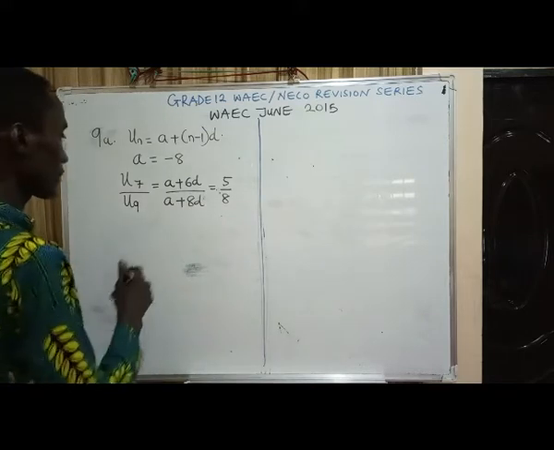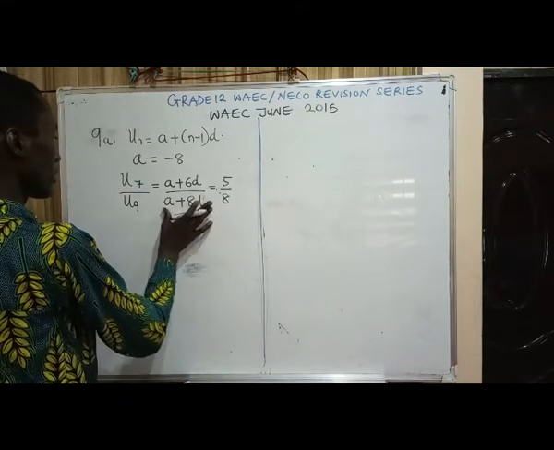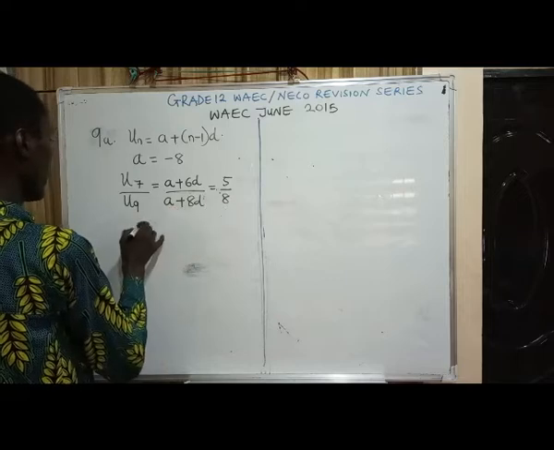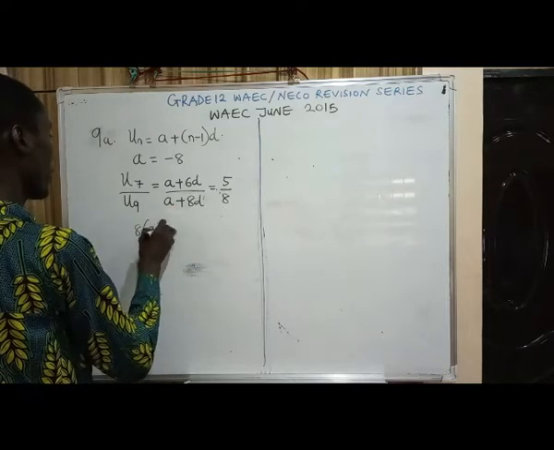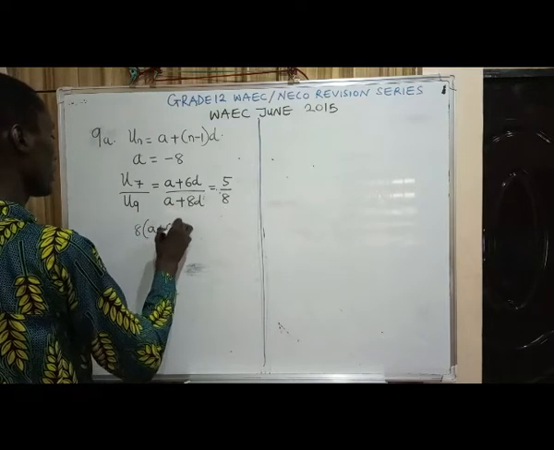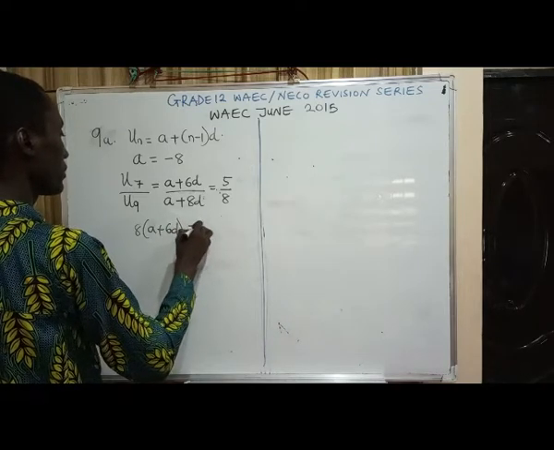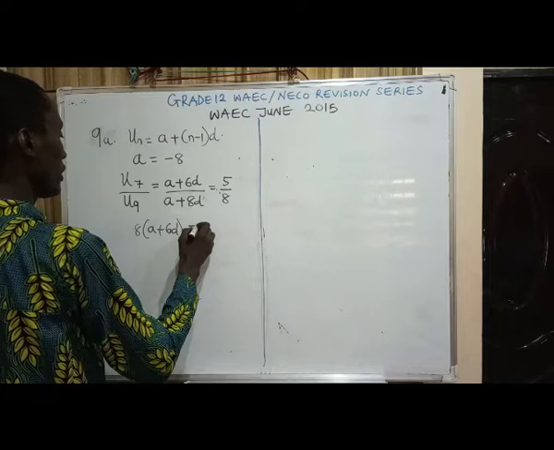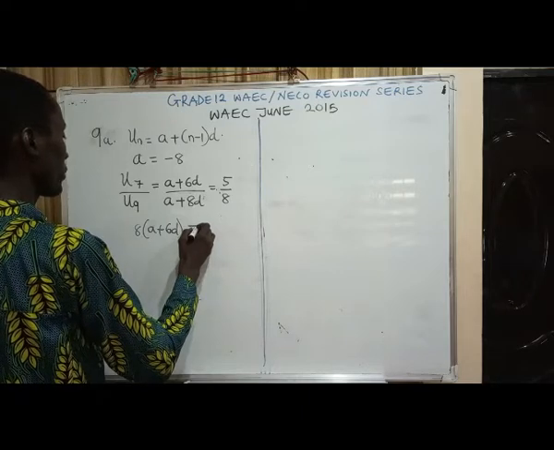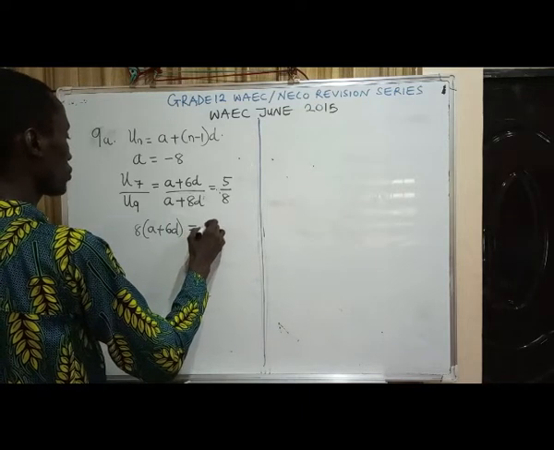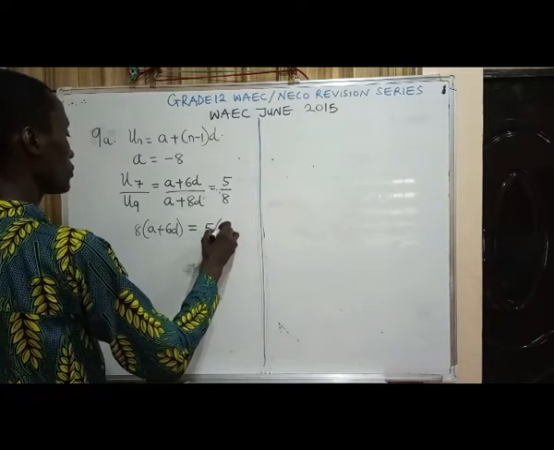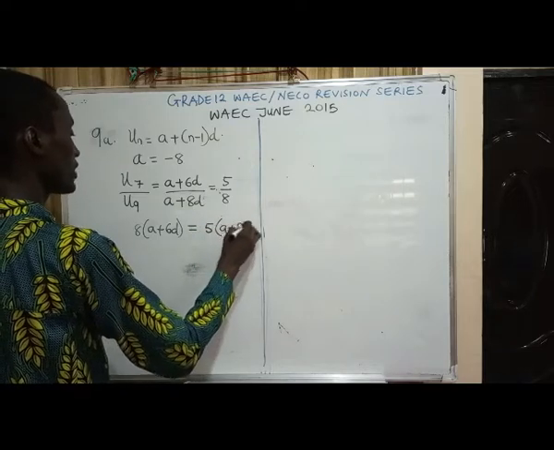Then it will mean that what? Taking these two parts, 8 multiplied by (a plus 6d) will be equal to 5 into (a plus 8d).